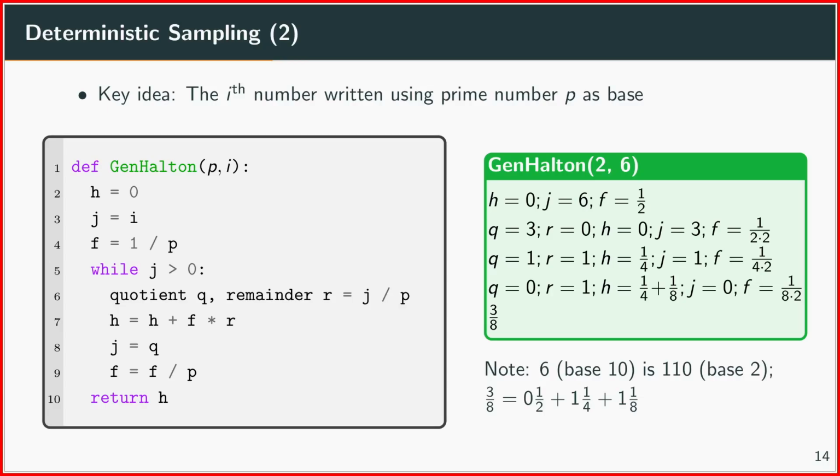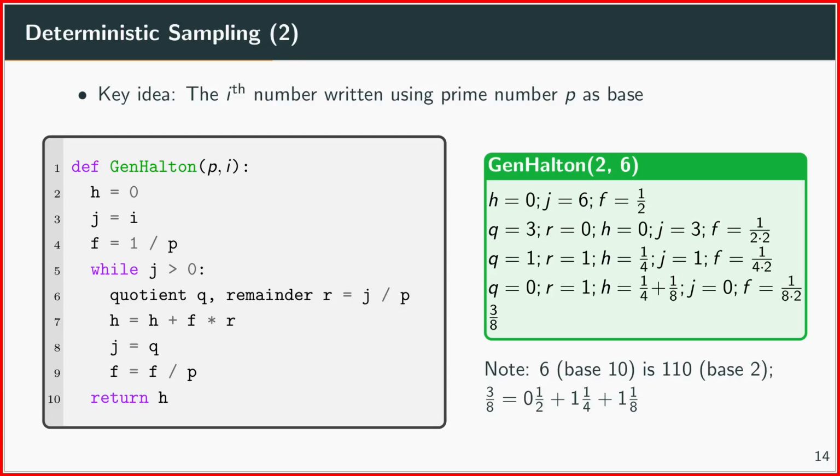So you can see here f is always decreasing into the fractions. So you go from 1 divided by 2 to 1 divided by 4, and then 1 divided by 8, and so on. And the higher the numbers are, of course, the more you actually go down into the fractions, and the more you get denser values and not just subdivided values.